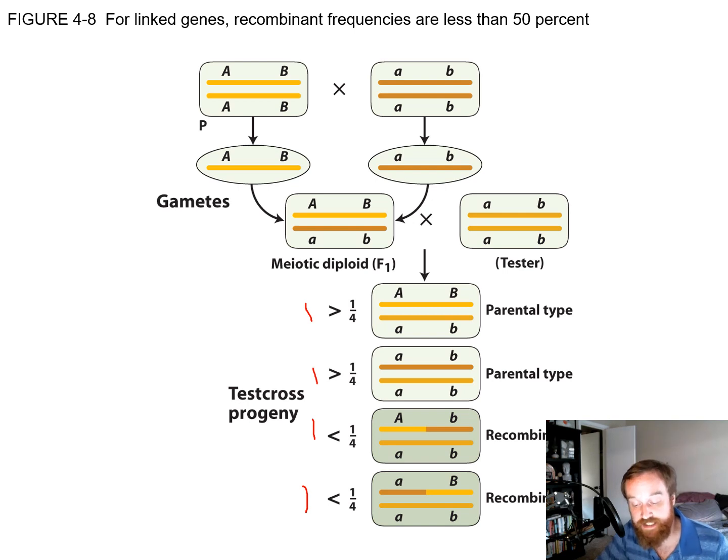If we see that the parental types, the ones that match these 2 parents up here, are greater than 1/4, and the recombinants are less than 1/4, then we assume that they're linked. One of the ways that we can test this is through chi-squared, where we look at observed and expected. That is a tool set that we will work out in class and not here in the lecture.